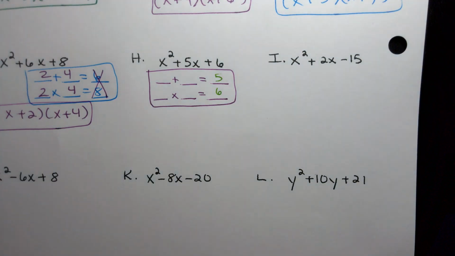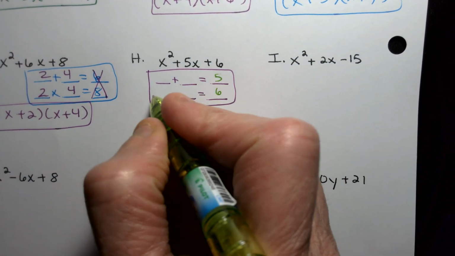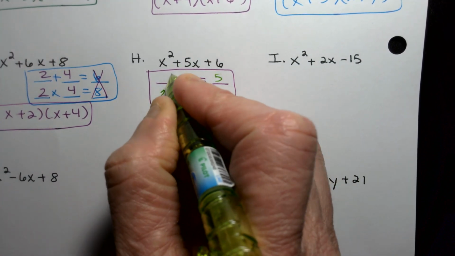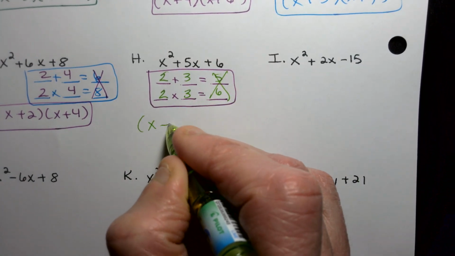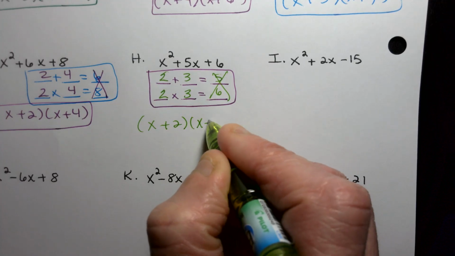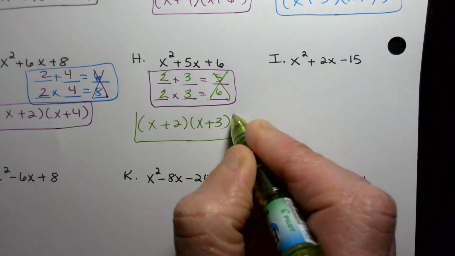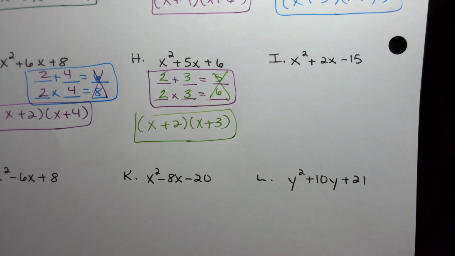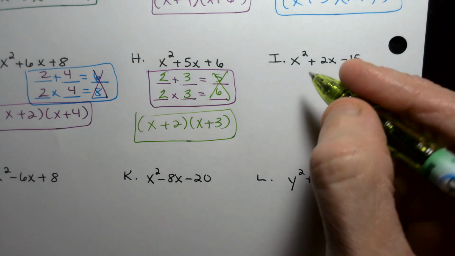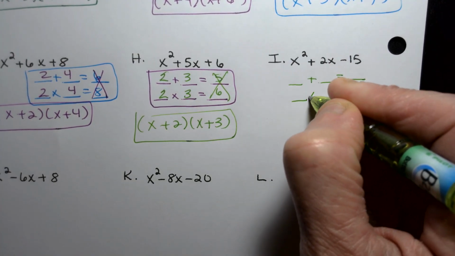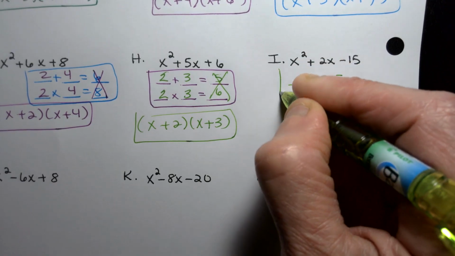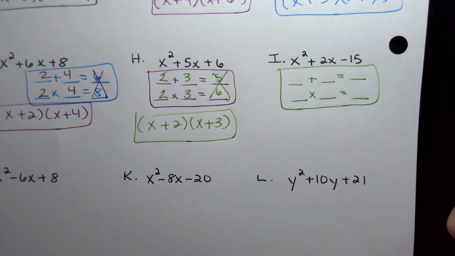Do you see it? 2 times 3 is 6, and 2 plus 3 is 5. There it is, x plus 2 and x plus 3. There's lots of good practice here.